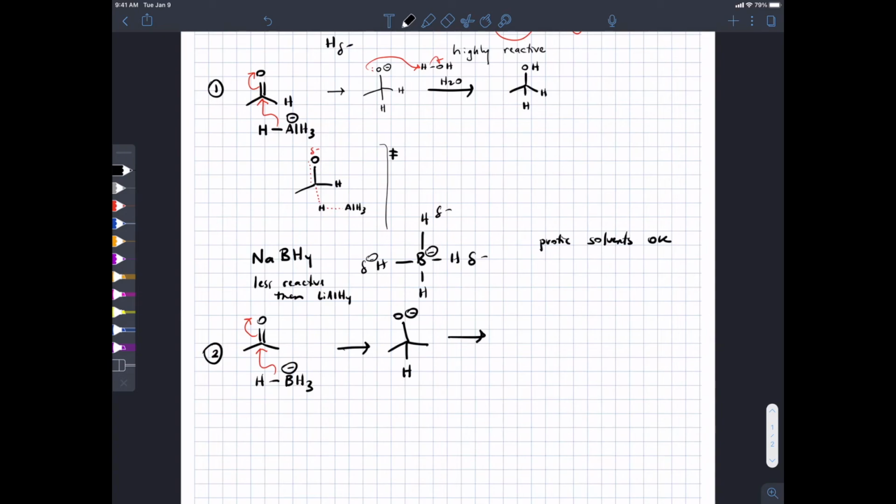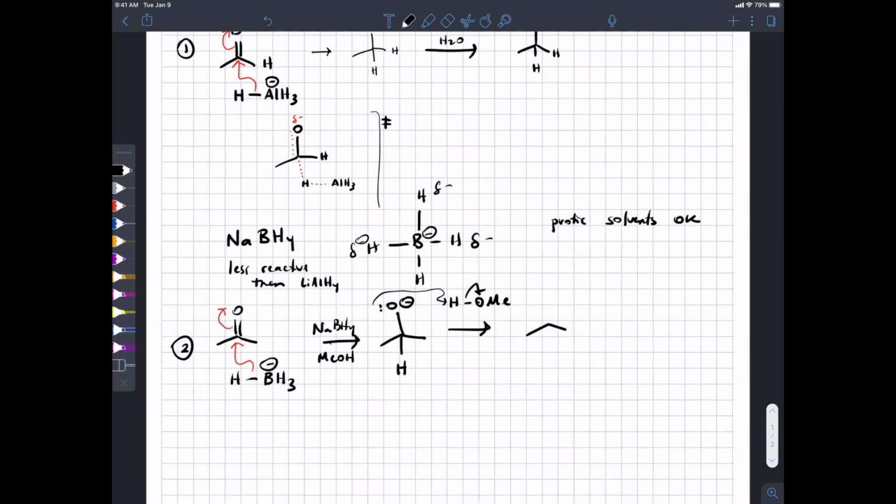Sometimes when I am in a hurry, I won't show the second step of this reaction. Suppose we're using sodium borohydride as the reagent, we can use methanol as a solvent. Likely, as soon as that tetrahedral intermediate forms, it gets protonated by methanol to give you your alcohol.